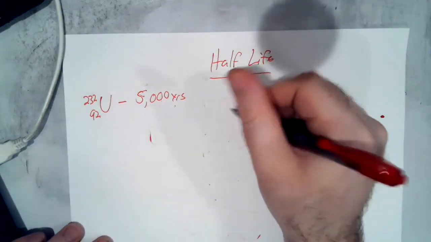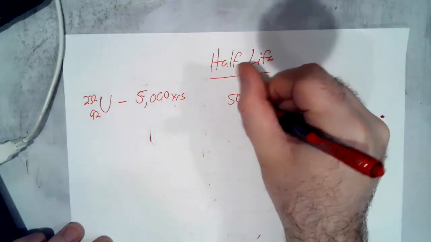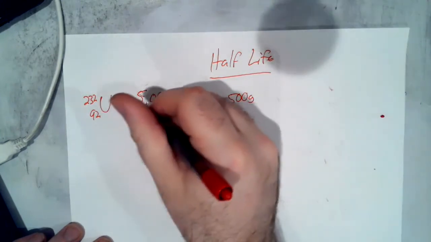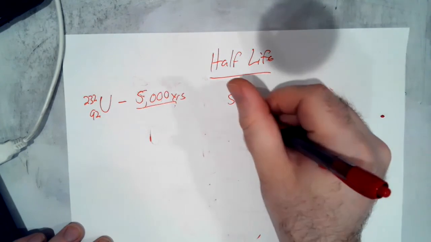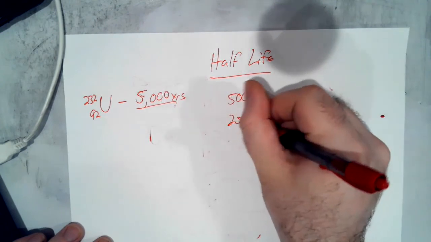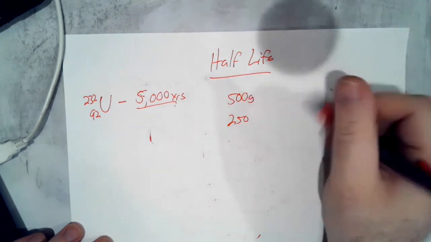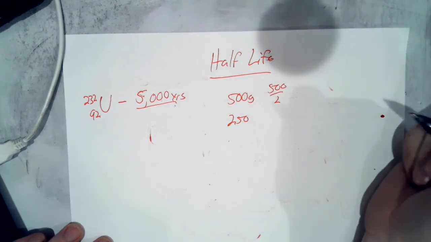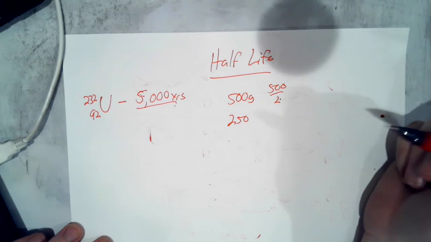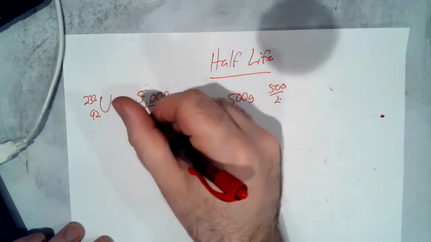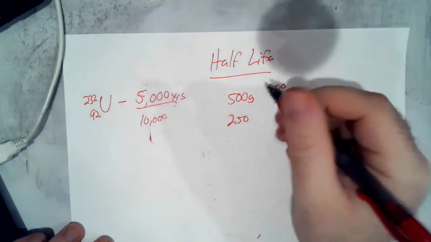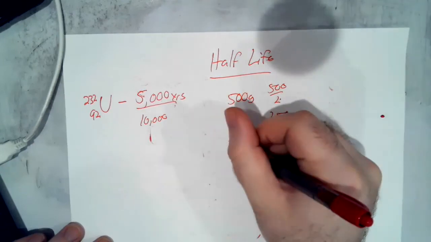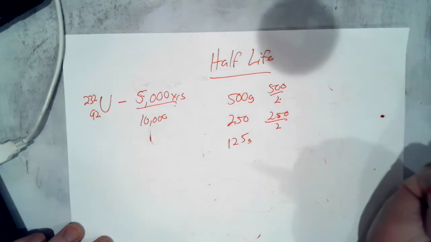So let's say I start off with a mass of 500 grams of uranium, which is a lot. That means in 5,000 years, I will have 250. Well, how did I get that? I just took 500 and divided it by 2, because that's half of 500. In 10,000 years, I would have 125 grams.